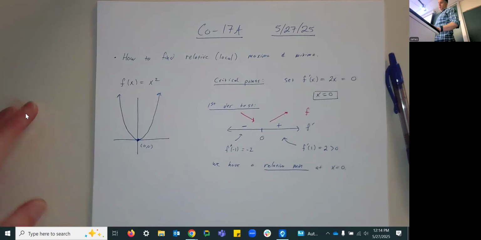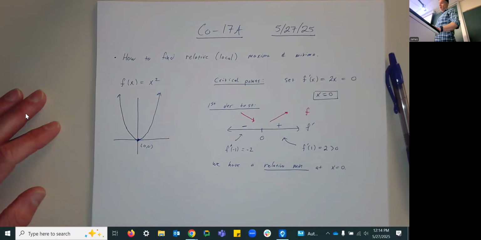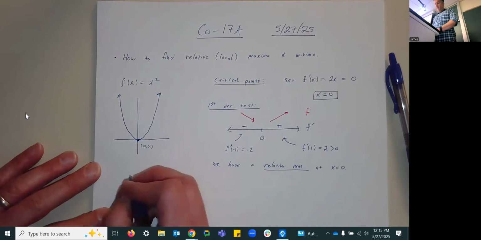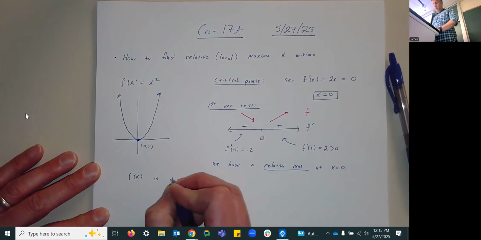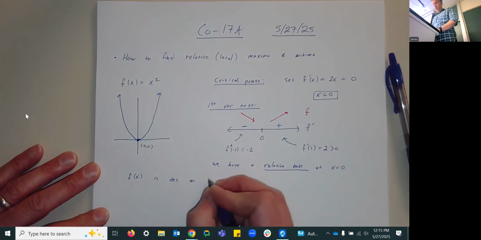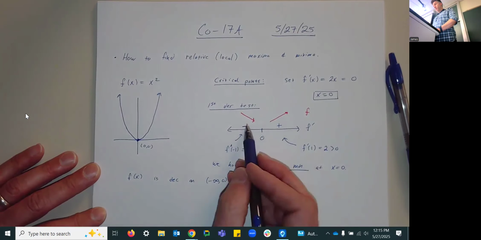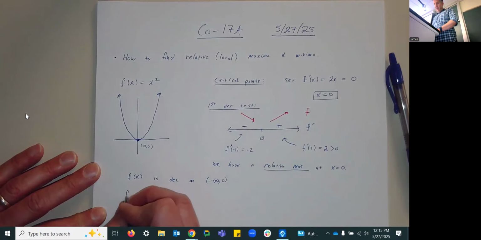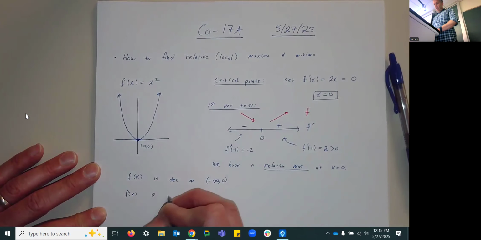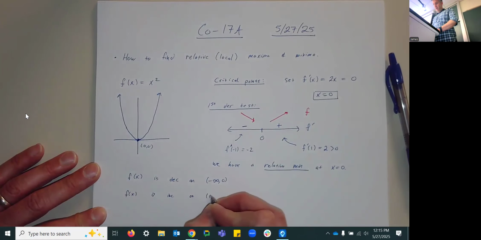What else to say about this here? We could also point out that if you're asked, f of x is decreasing on the interval from negative infinity to 0, because everywhere left of 0, the first derivative is negative, and f of x is increasing on the interval from 0 to infinity.